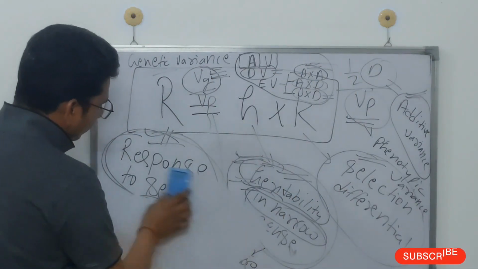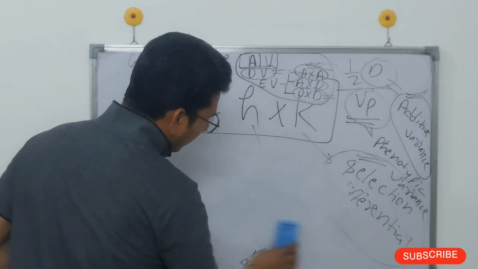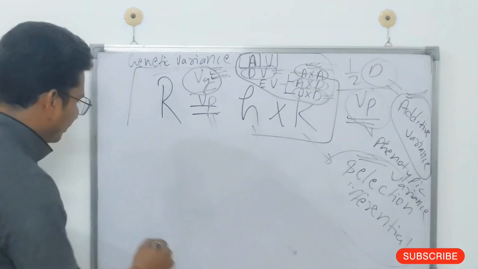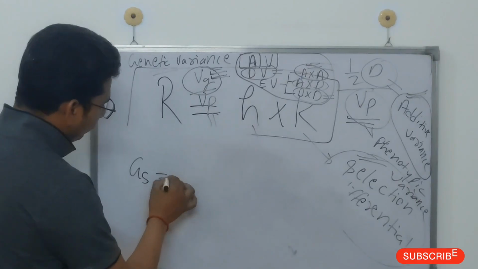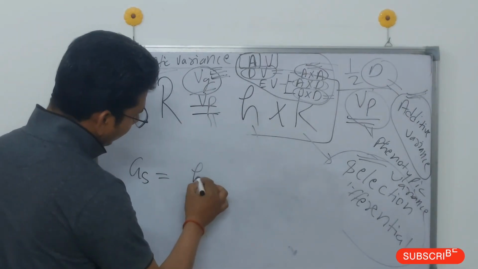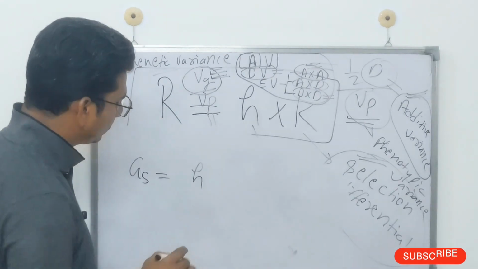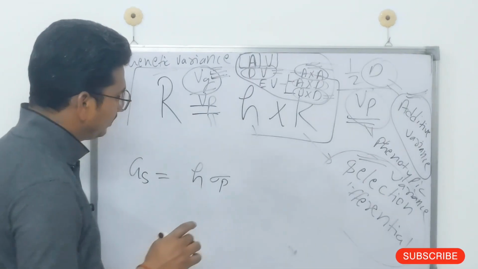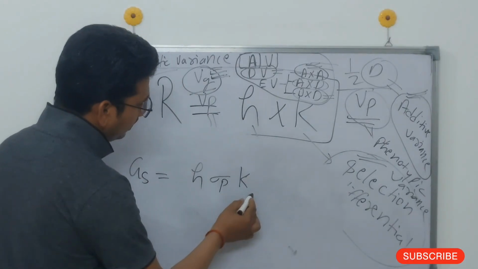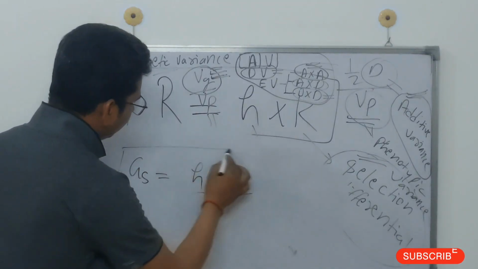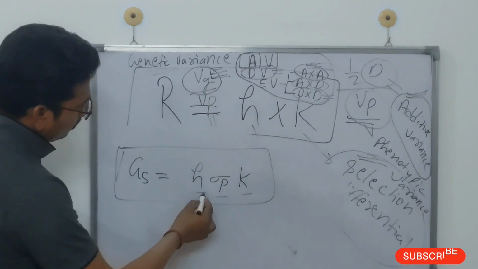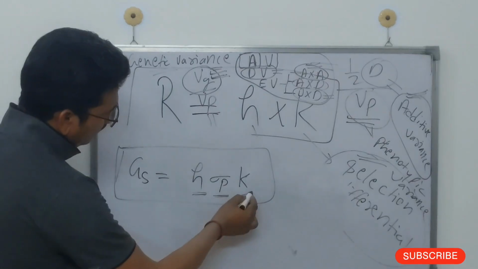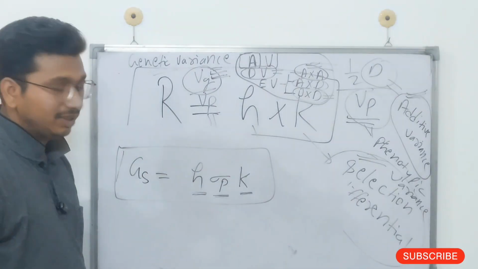The breeder equation is sometimes also used for a formula of genetic advance. Genetic advance equal to heritability in broad sense, phenotypic standard deviation and K. K means selection differential.